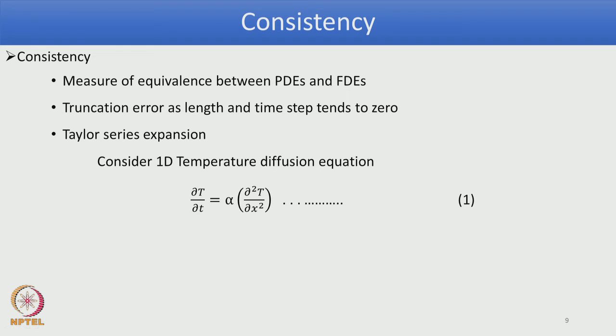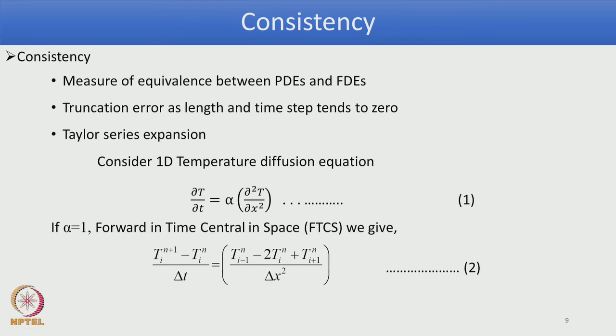Any scheme we can write. We start off with forward time and central scheme, which is otherwise shortly referred to as FTCS, forward in time, central in space. And for simplification, we will take the coefficient alpha to be 1. So, it will be only dou T by dou t equal to dou square T by dou x square.